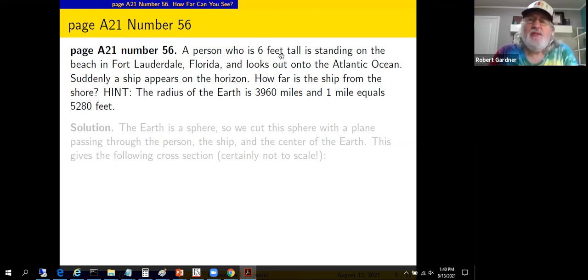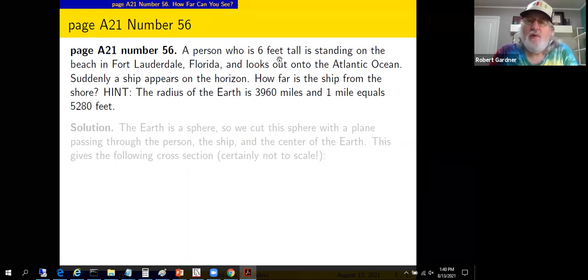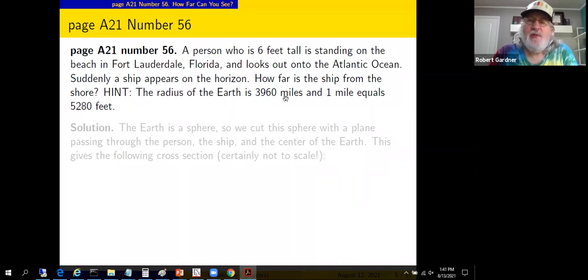And we're given distance measured in feet up here when we talk about the person. So we'll have to get common units, maybe express the radius of the Earth in terms of feet. Let's do that. You could equally well express the height of the person in miles if you want, but 6 feet is not a very big piece of a mile. Let's do it in terms of feet.